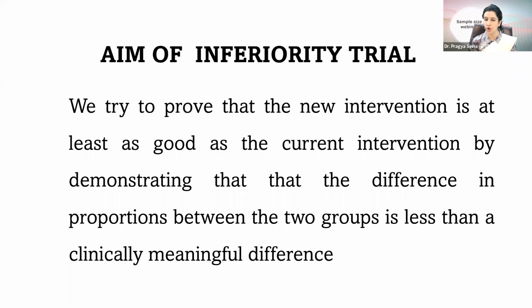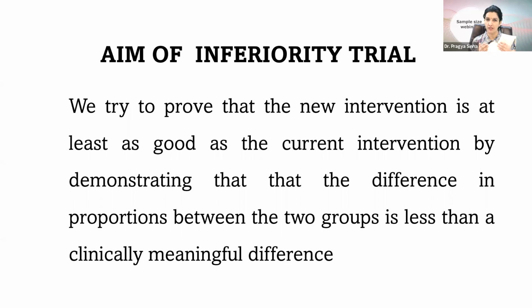So a non-inferiority trial, basically we do whenever there is some advantage such as cost. For example, if the existing treatment costs a person maybe 10,000 rupees a month, and the new treatment costs half the amount of the previous treatment, maybe 5,000.